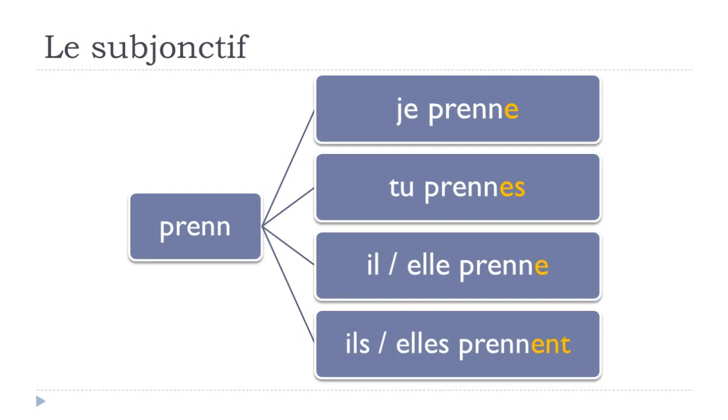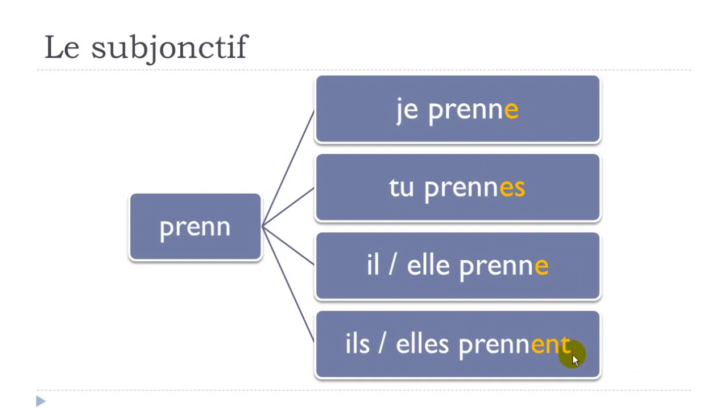If you look carefully, it's not that strange. I mean, these endings are quite common, and we've been encountering these endings previously. If you think about the present form, then it looks a bit familiar, okay? So, je prenne, tu prennes, il prenne, elle prenne, ils prennent, et elles prennent.